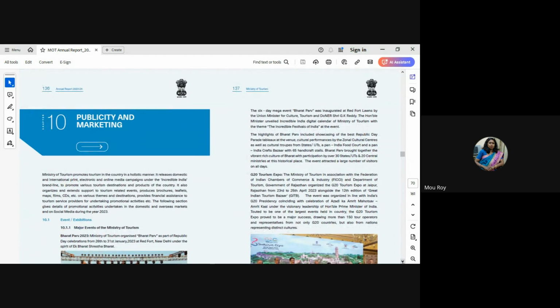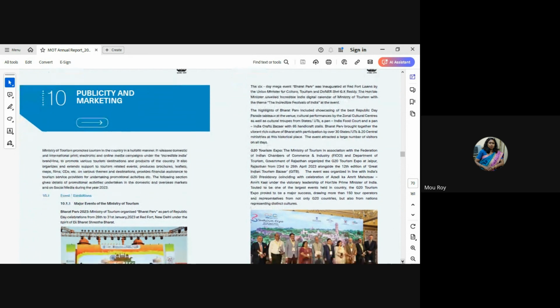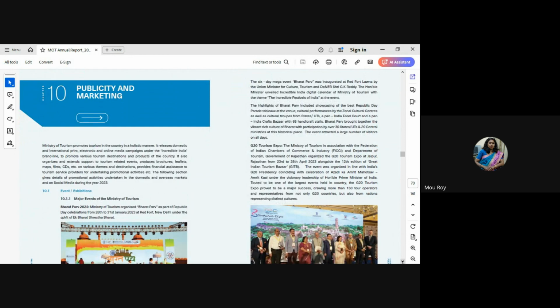There is the G20 tourism expo. Last year it was held in New Delhi, as part of the G20 global meet, which even had a separate department that took care of tourism. Plus, different tourism expos are held in different cities of our country.